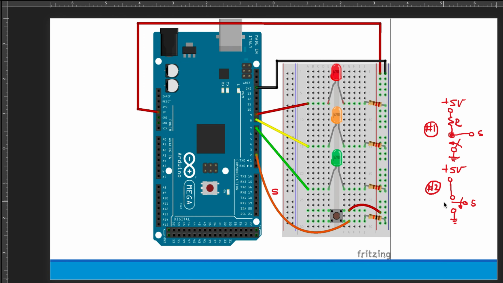Let's take a look at the switch designs that are possible. There's 2. Number 2 is one that's not the best. Here, by the way, I've got 5 volts. If you've got an Arduino Due, you may want to use 3.3. The switch can either be contacting the high voltage or ground. And in between there's an air gap, so it doesn't touch anything. So design number 2 is not so great.